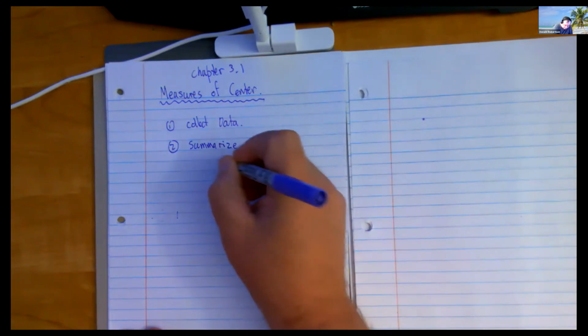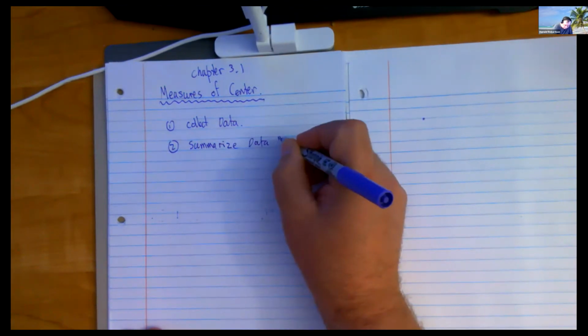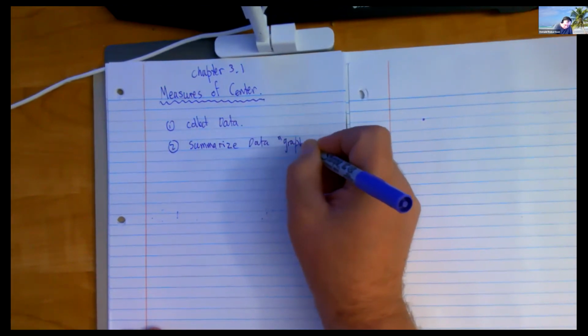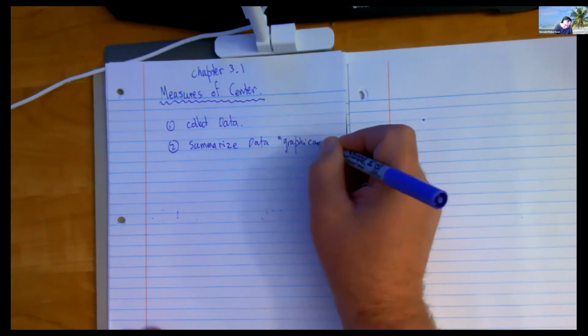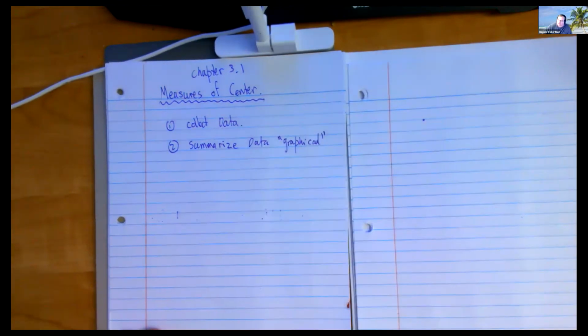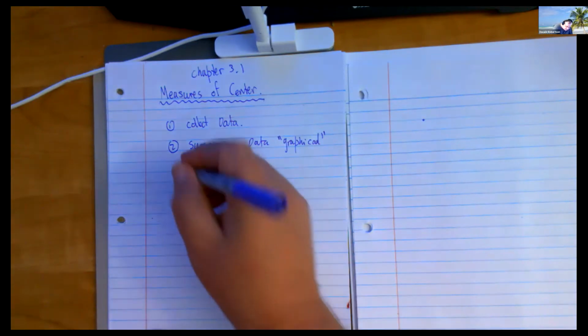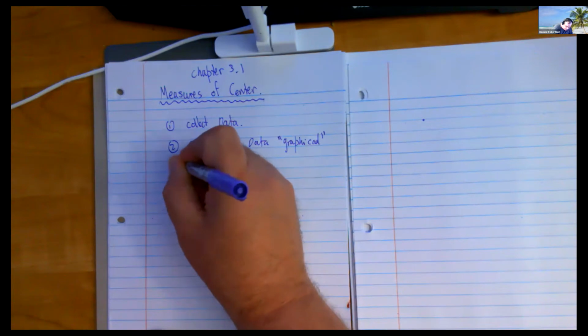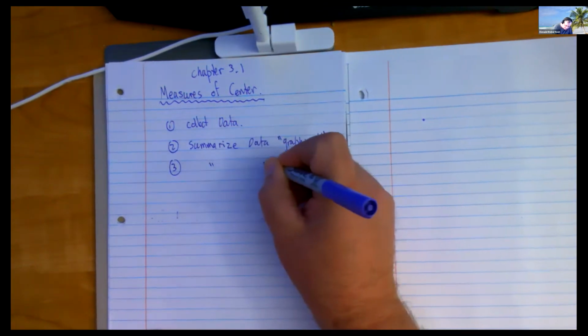That basically means you do some type of graphical thing. So that would be histograms and bar charts and time series and stem and leaves and grouped frequency tables and all that. Now we're going to look at how you summarize the data numerically.